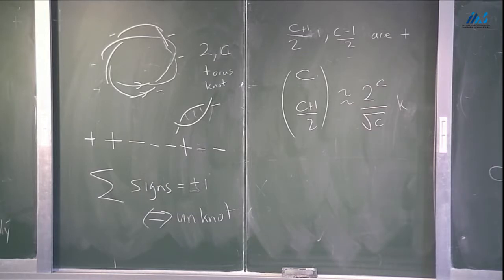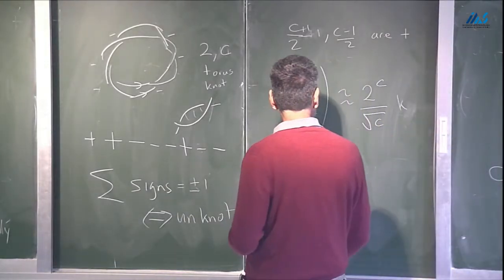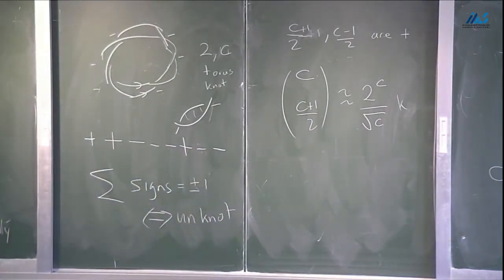Can we find some diagram where there aren't very many, where there's very few unknots? So let's make a question now.